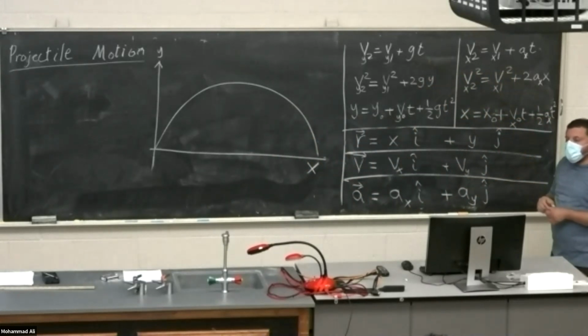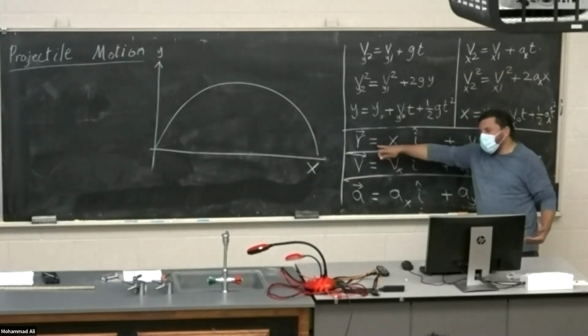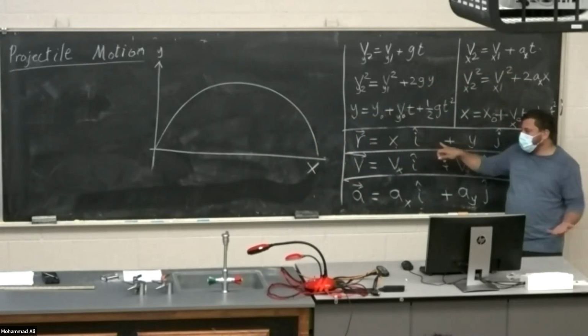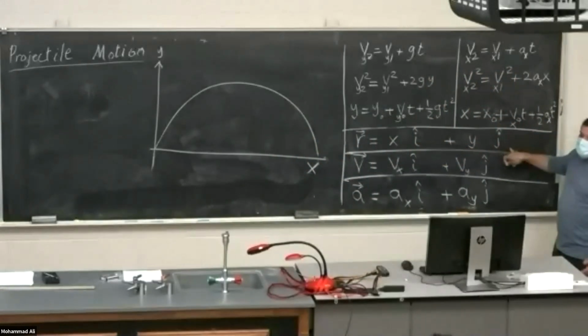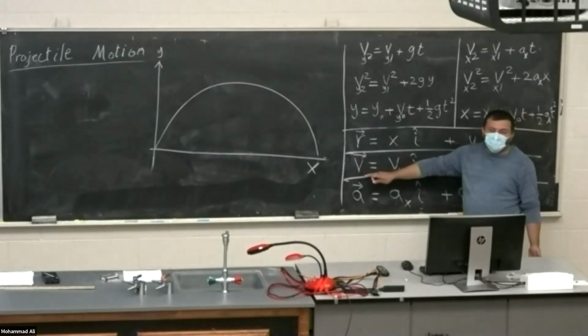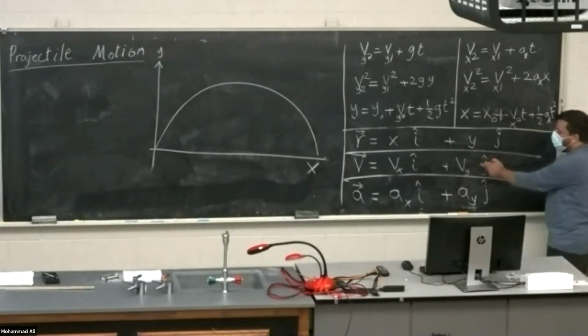We also know the position vector from before, which is r as a vector, equal to the x component in the i direction plus the y component in the j direction. Also there is a velocity vector, which is Vx in the i direction plus Vy in the j direction.